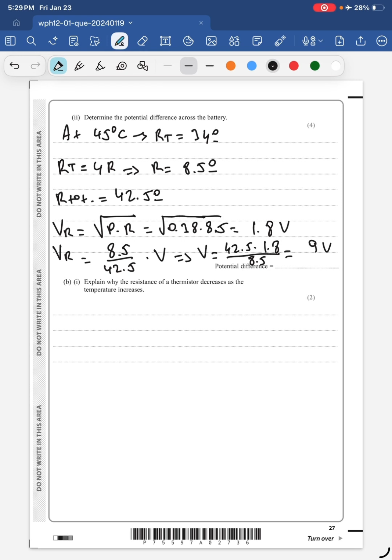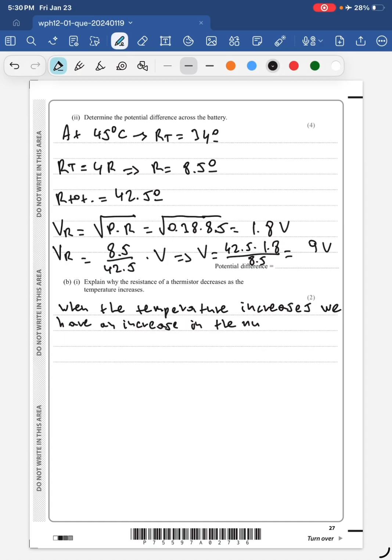So let's see. When the temperature increases, we have an increase in the number of conduction electrons.